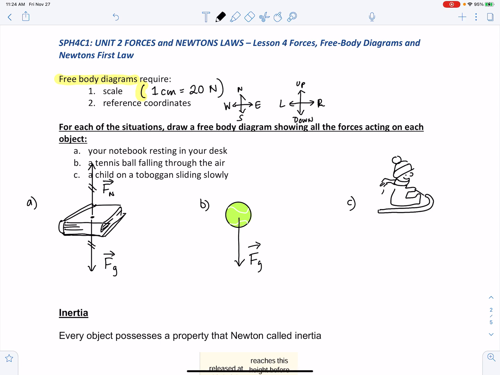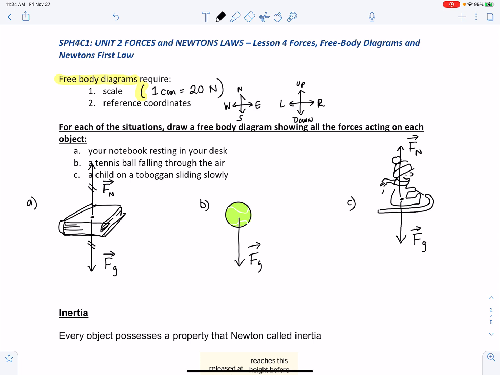So, there's a force of gravity pulling this object down. Since this individual on the toboggan is on the planet Earth, we cannot get away from the force of gravity. Since he's not falling through the ground, we must know that there's a normal force acting up on the tobogganer.